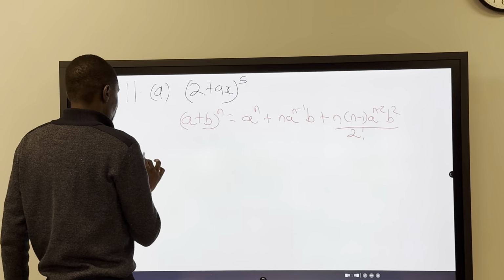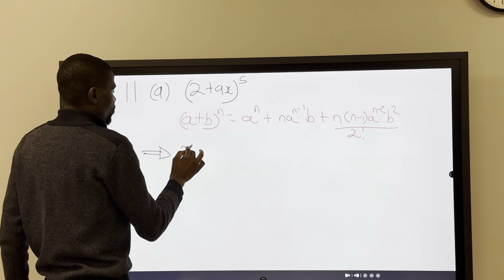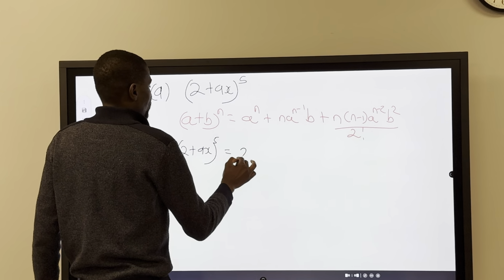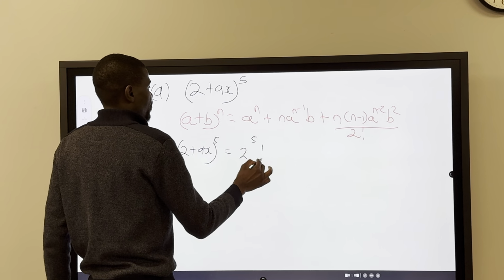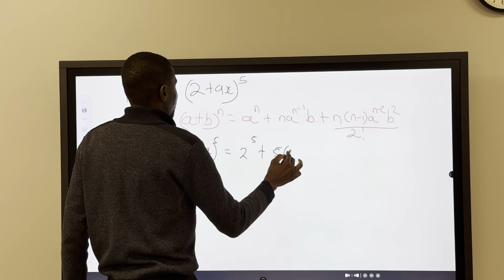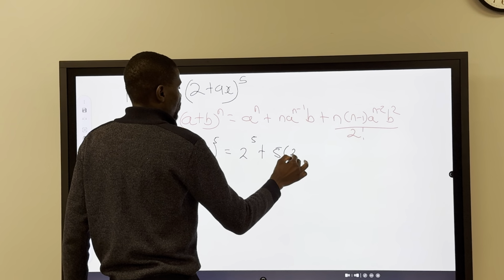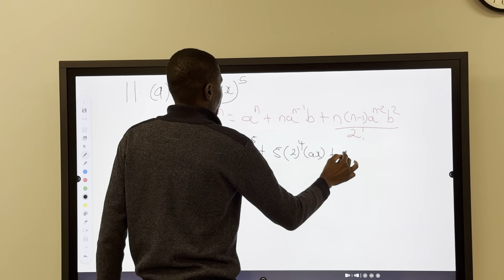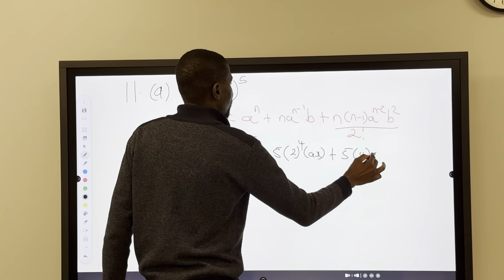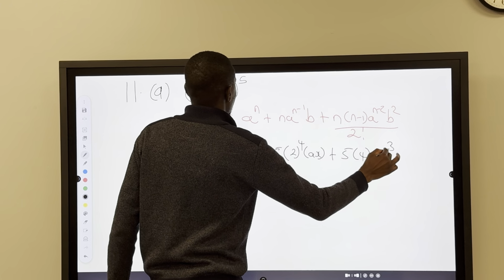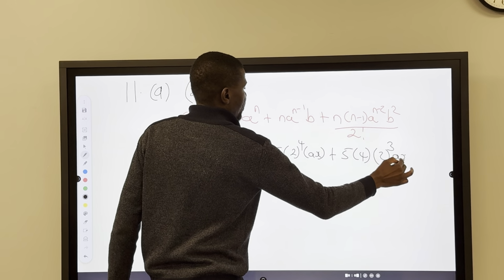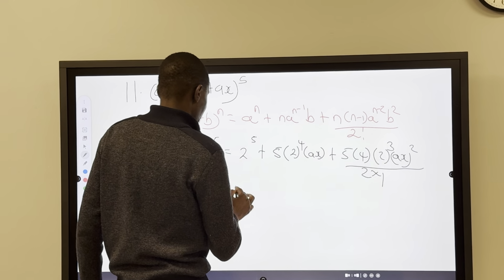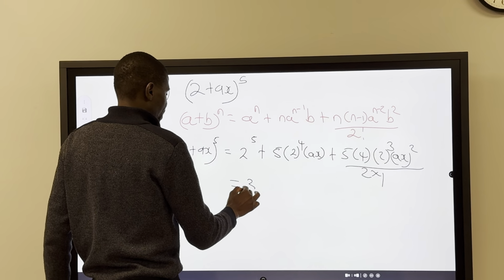So this implies that (2 + ax) to the fifth power equals 2 to the fifth plus 5 times 2 to the fourth times ax plus 5 times 4 times 2 to the third, then (ax) squared over 2 times 1, which is 32.